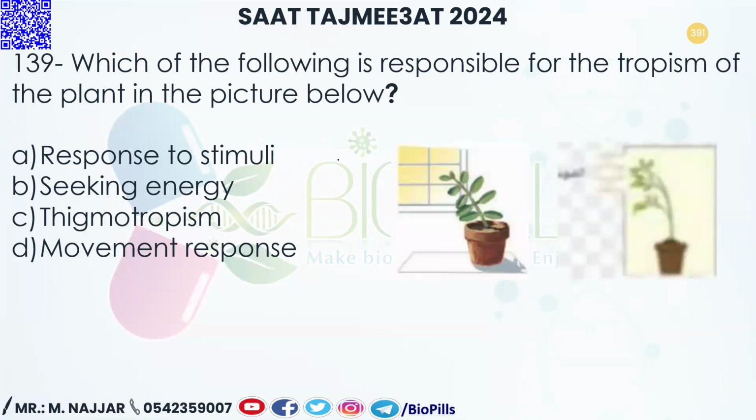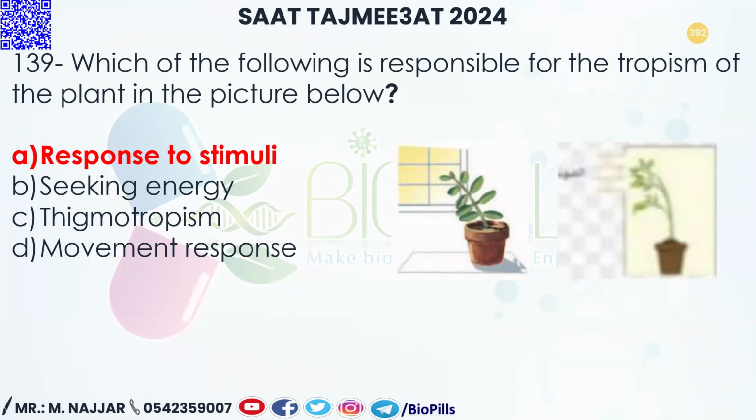Which of the following is responsible for the tropism of the plant in the picture below? Yes. Respond to stimuli, seeking energy, phototropism, movement response. Why not response to stimuli? Those that choose D: because movement response is vague.